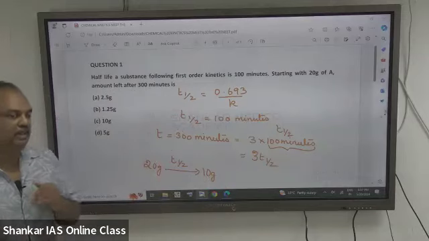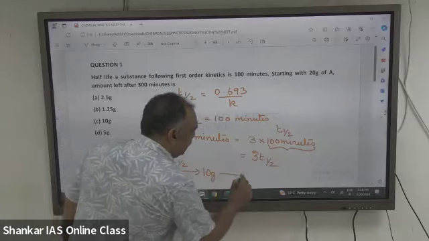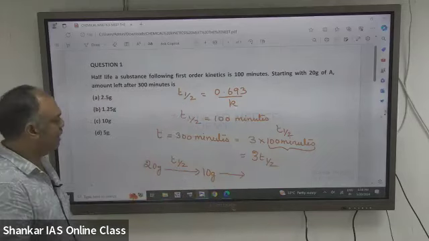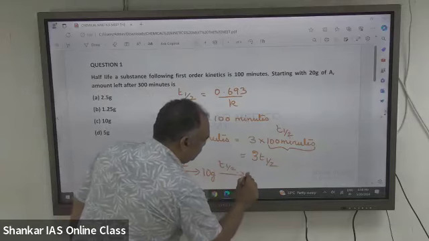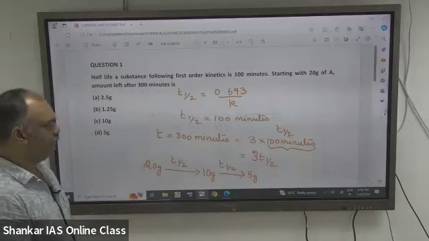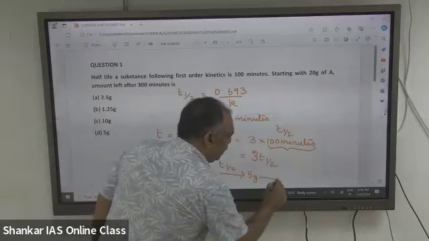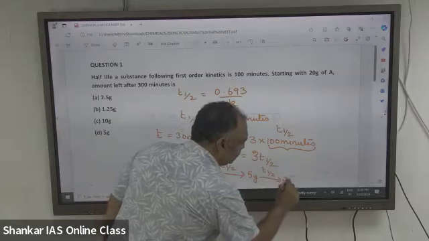So if the sample was 10 grams, after T half it would be 5 grams. If the sample was 5 grams, then after a period of T half, the sample would be 2.5 grams.